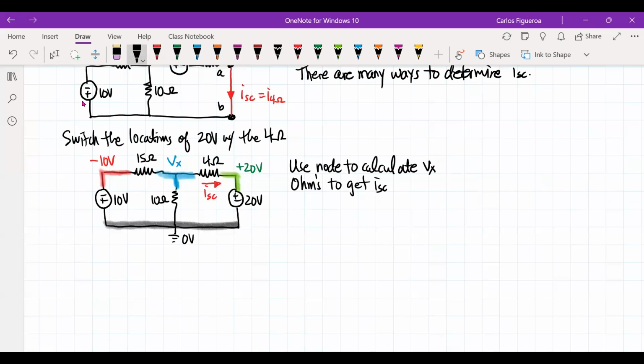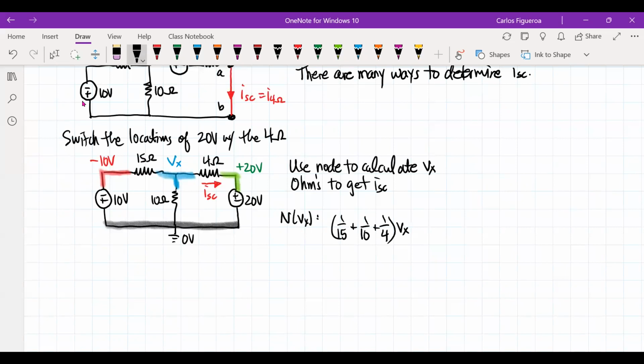So I really have two equations, two unknowns, if I could say it that way. So here we go. I'm going to look at node Vx. So then I see that that's going to give me 15 plus 10 plus 4, that's got to be Vx.